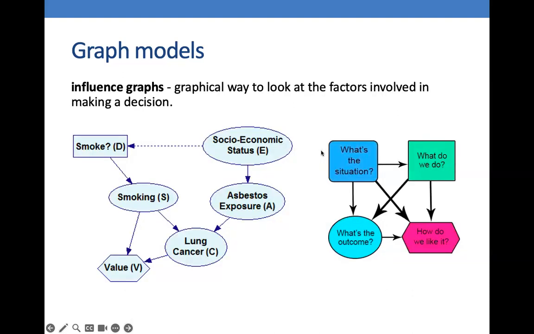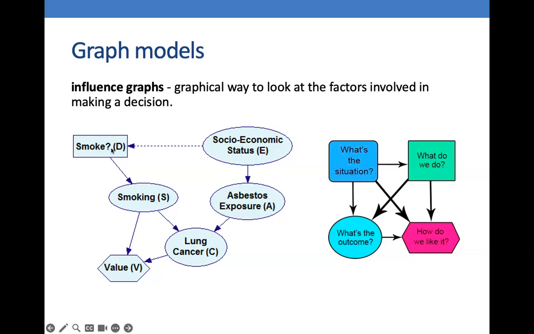Okay, and we can also use graph modeling for making influence graphs. Influence graphs are just a way to look at the factors that are involved in making a certain decision. For example, you have a socio-economic status factor, and based on it, can we correlate it with a person's probability of smoking?